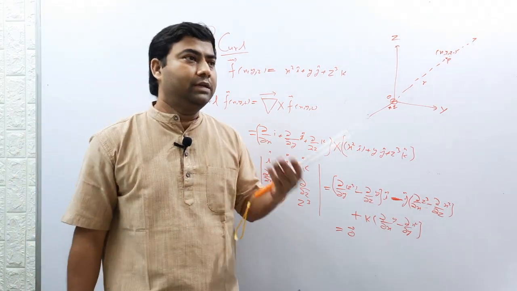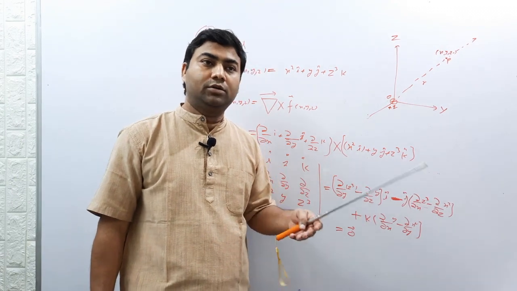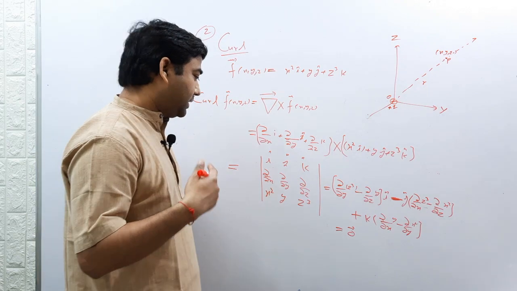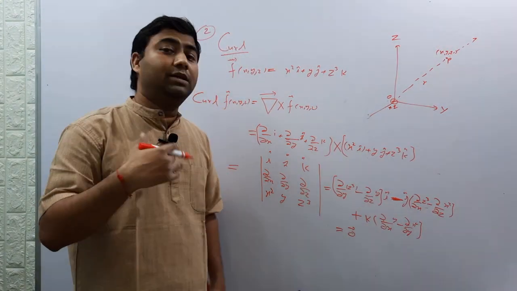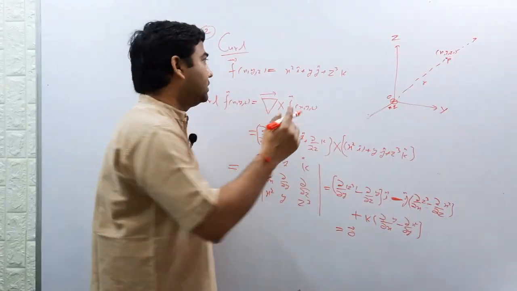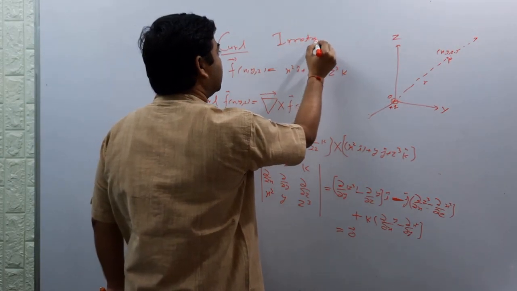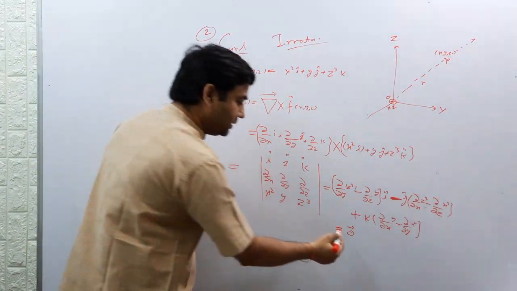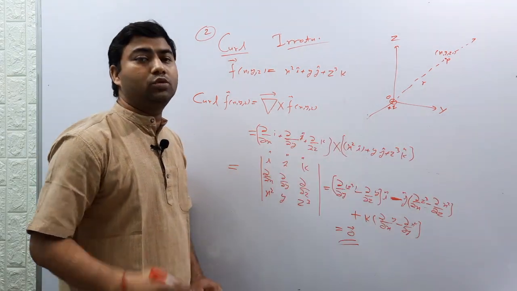So when we get 0 curl at a general point, when the curl of a vector field is 0, this is called an irrotational field. Here we got 0 curl, that means this given field is irrotational.